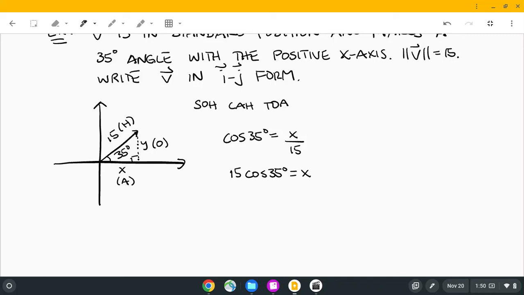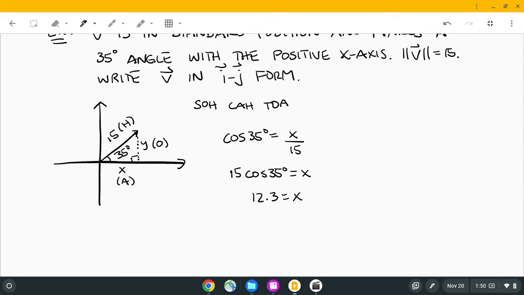You probably figured it out already because you're awesome students and you have your calculator handy. So we get roughly 12.3. 12.3 equals x.